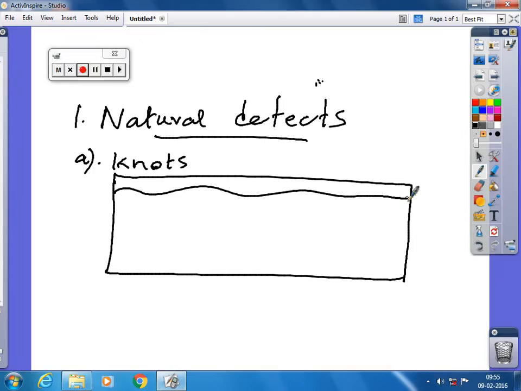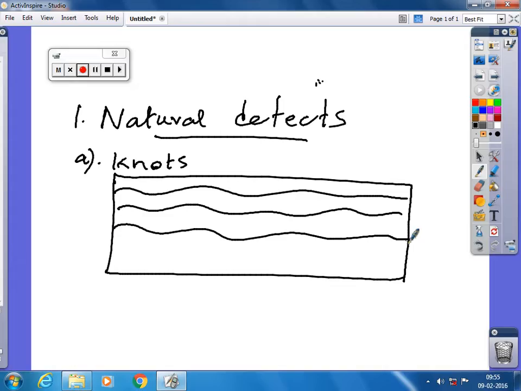What do you know about knots? Knots are the place where? Yeah, natural defects and other defects. Under the topic of natural defects, we are discussing knots. Knot is a natural defect.